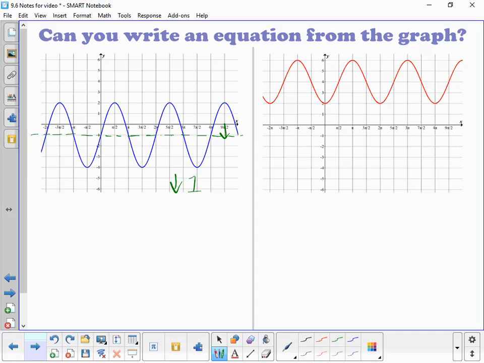On our equation, we'll start it with a y equals, or you could use an f of x equals or something. We know that shifting it down 1 means that we're going to subtract 1. So now let's think about if this is a sine or a cosine. Well, I like to think about where it crosses the y-axis. So it looks like it crosses the y-axis here, and the function is right on the midline on the y-axis.